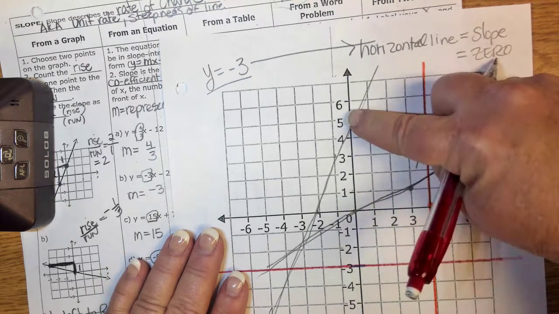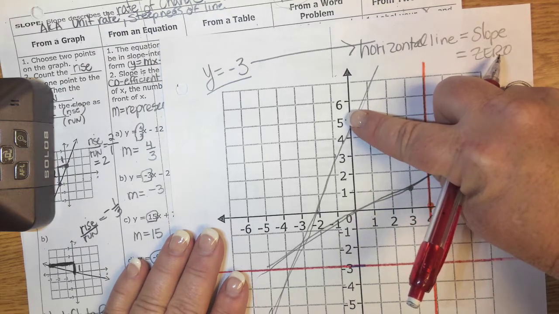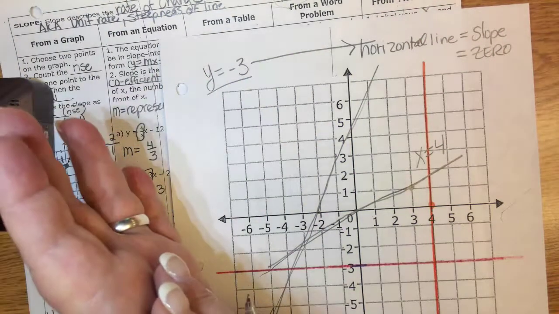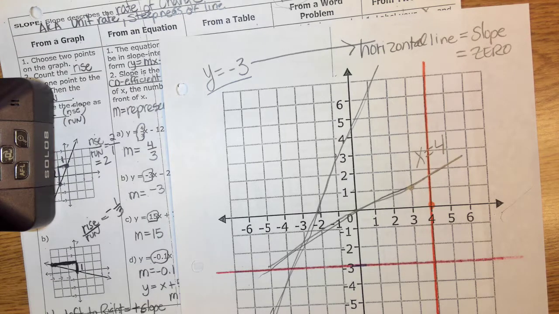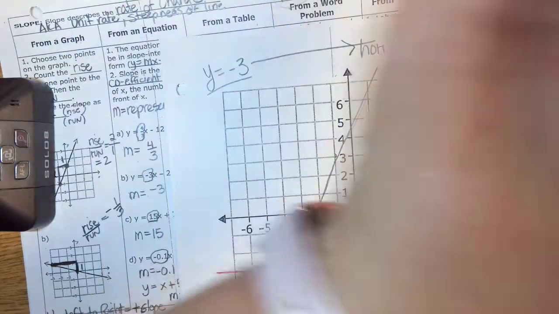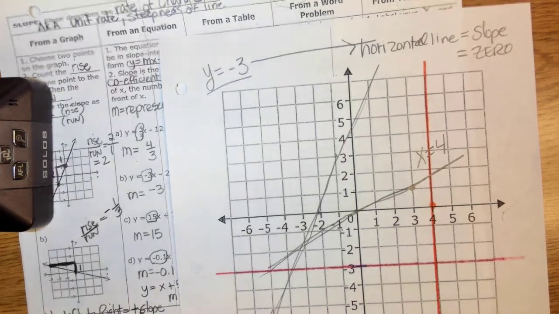So since your rise is greater than your run, your line is steeper, okay? Remember this, if your slope is greater than 1, you're going to have a steeper line. If your slope is less than 1, you're going to have a less steep line, okay?